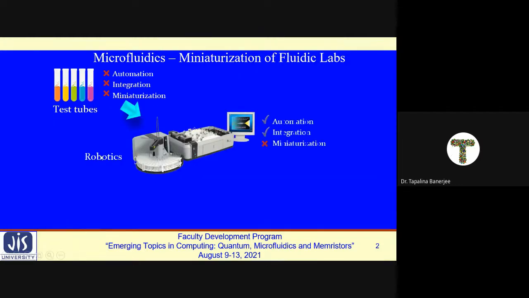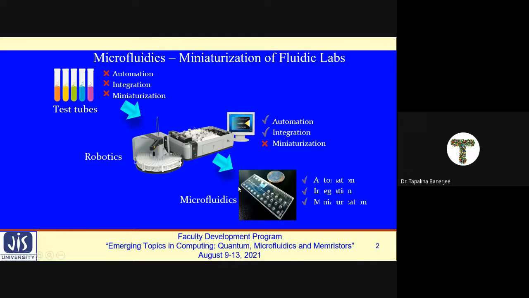But then comes the era of robotics. Robotics comes with automation and integration, but miniaturization still absent. With the advent of microfluidics, all these three properties are there in a single device.